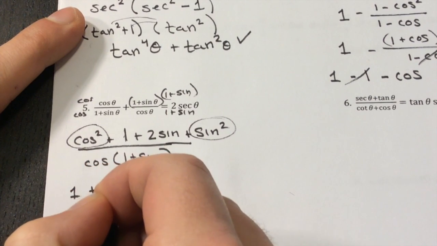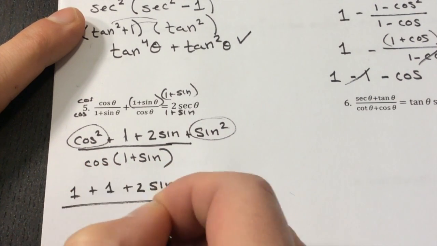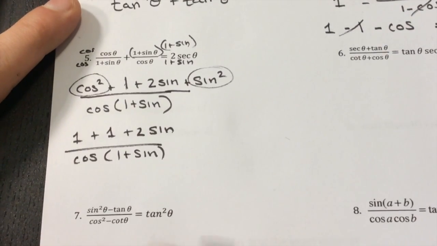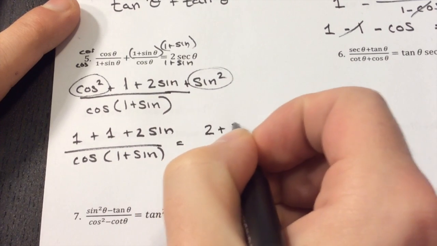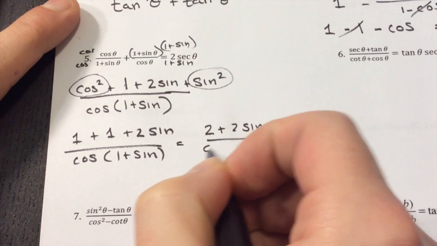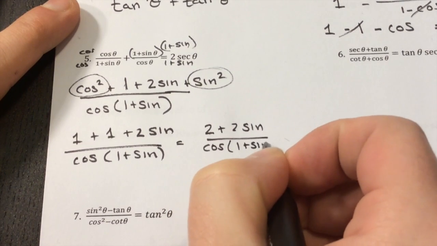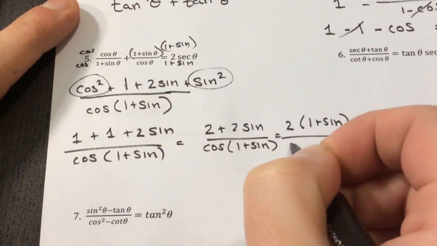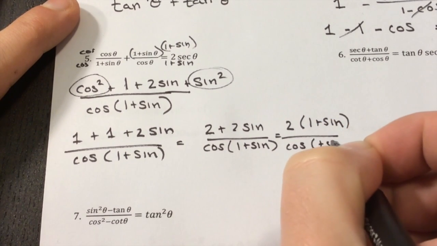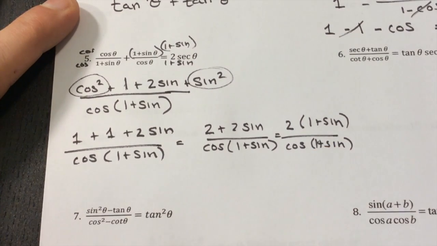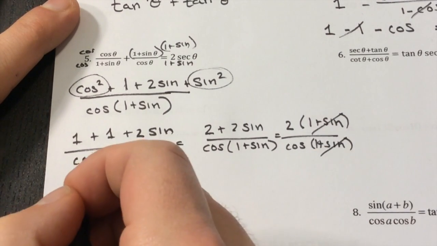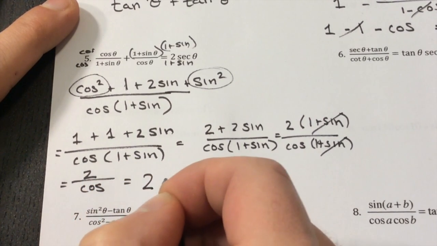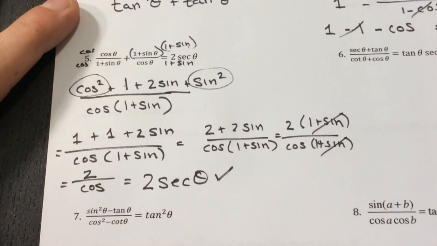So I have 1 plus 2 sine all over cos, 1 plus sine. 1 plus 1 is 2, so that's 2 plus 2 sine. Factor out a 2 on the top, 1 plus sine, cos 1 plus sine. These cancel, so I'm left with 2 over cosine, which is 2 secant theta, which is what I want.